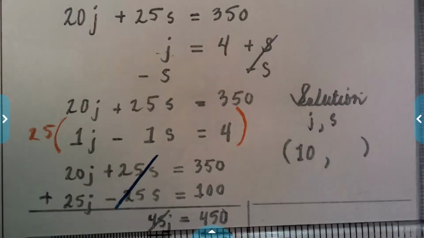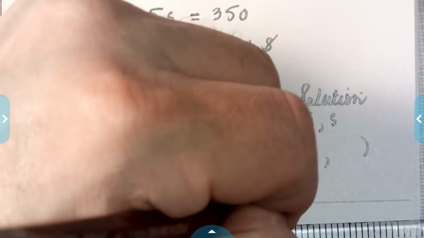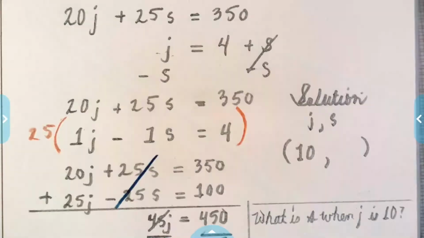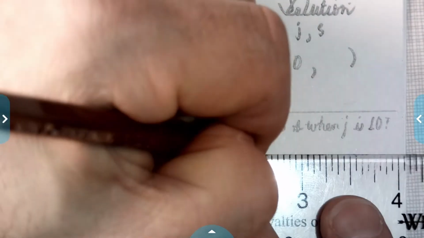The question we're trying to answer is, what is s when j is 10? Okay, that's the question.